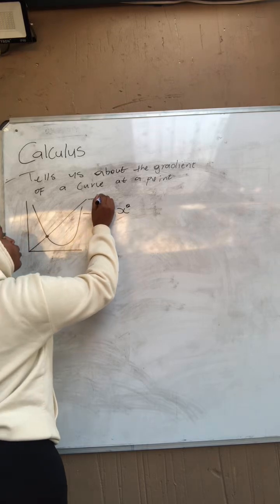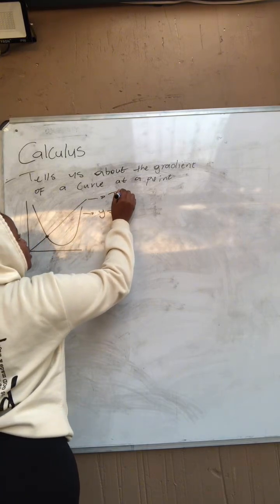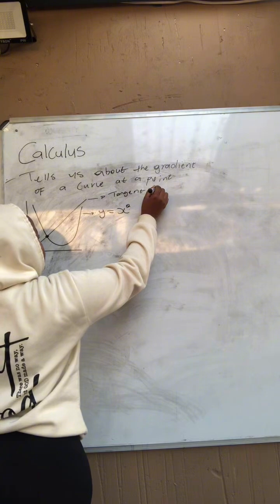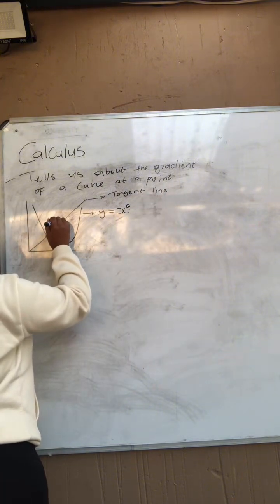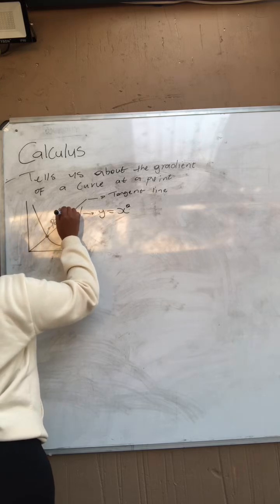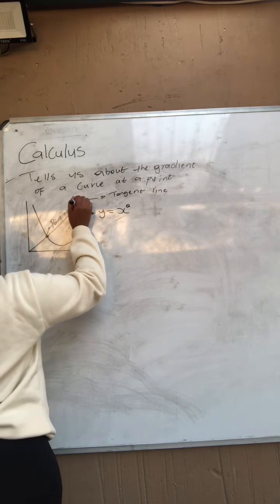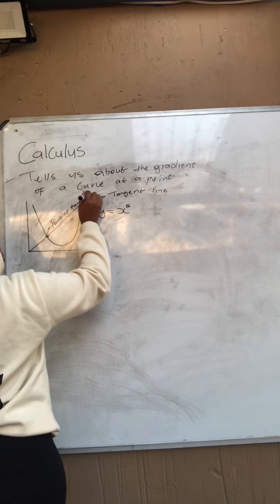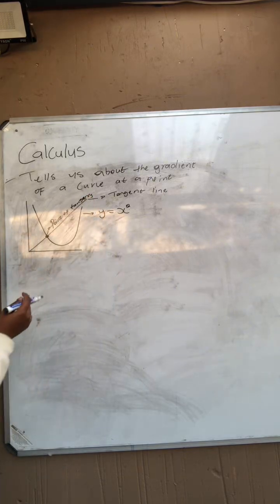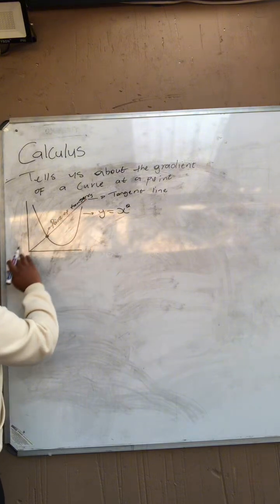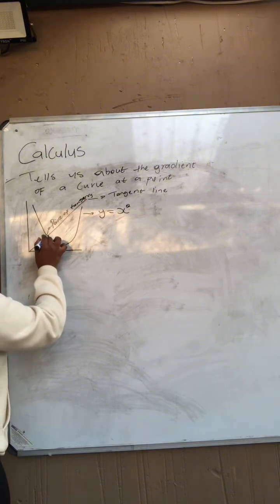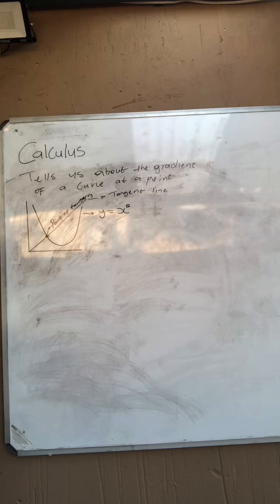This line is known as a tangent line, and this point is known as the point of tangency. At the point of tangency, the gradient of this curve is equal to the gradient of this line. That's what differentiation calculates.